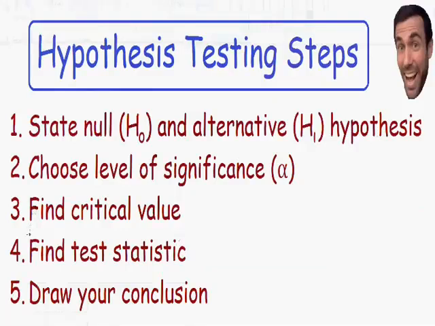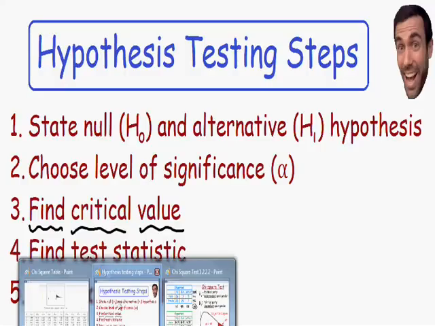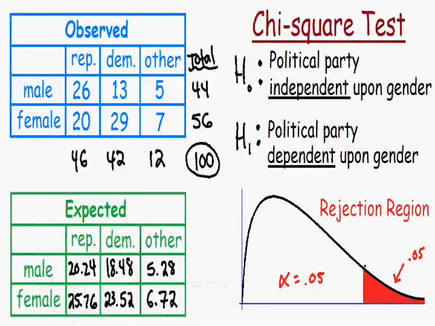Now step number 3 says to find the critical value. Now the critical value is nothing more than the point that separates the tail from the rest of the curve. So let's go back to our example. This point which separates the tail from the rest of the curve is our critical value.